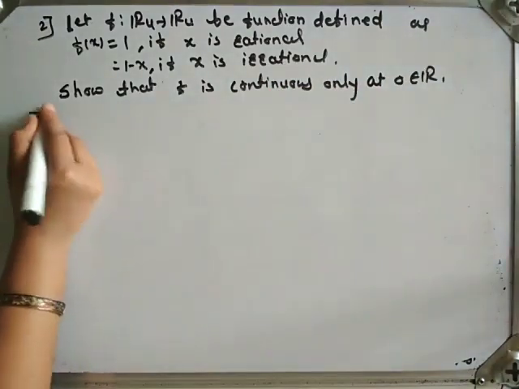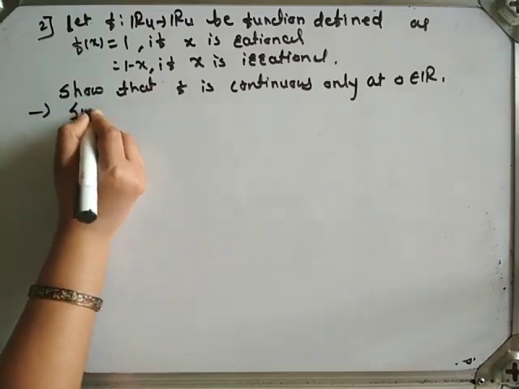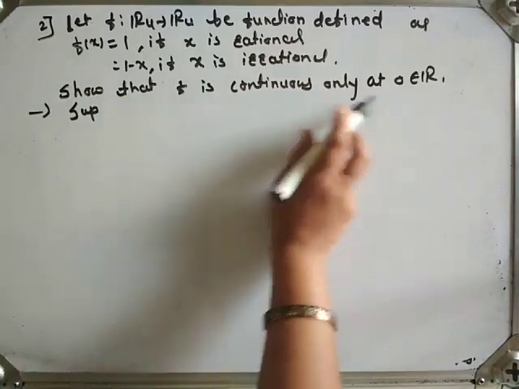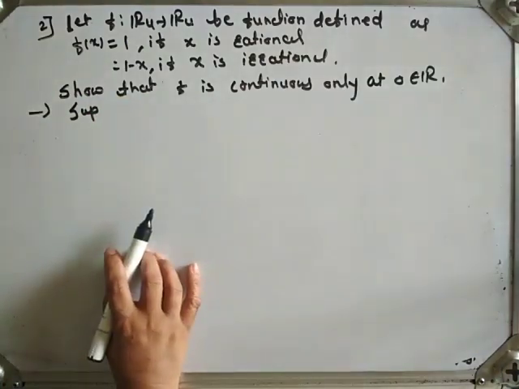Okay, we have to show that this function is continuous only at 0.